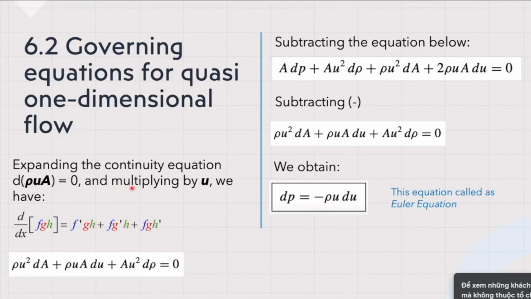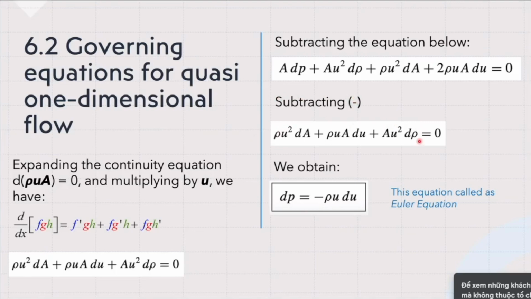And we want to multiply by the velocity, right? So we have this d over dx of this component, and we get this expression. Subtracting the equation below, and then we subtract the negative sign.